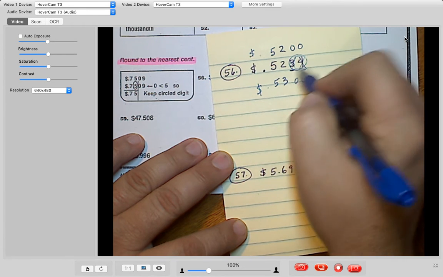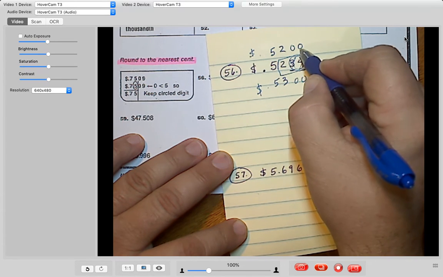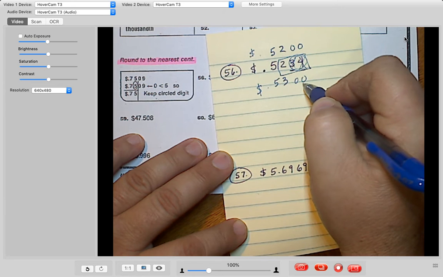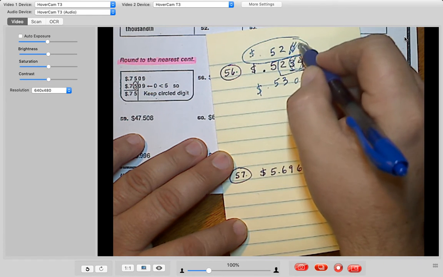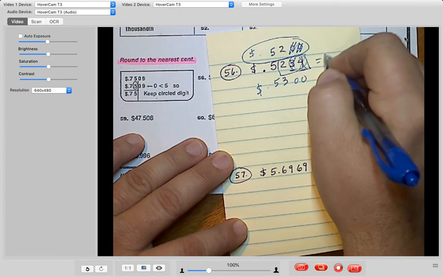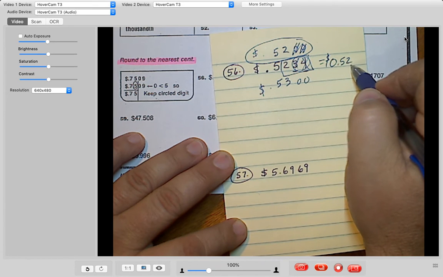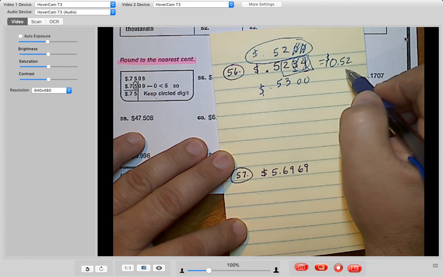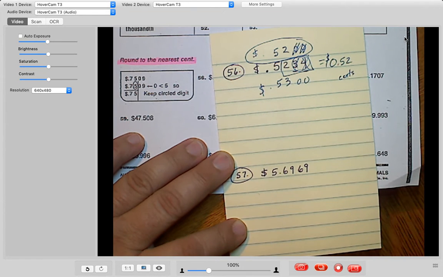So in other words, we can look at it as just these three numbers. 234 is actually closer to 200 than it is to 300. So your answer would be this right here without the decimal. So it'd be just 52 cents with the dollar sign. This is $0.52, or we have an abbreviation for that called cents.